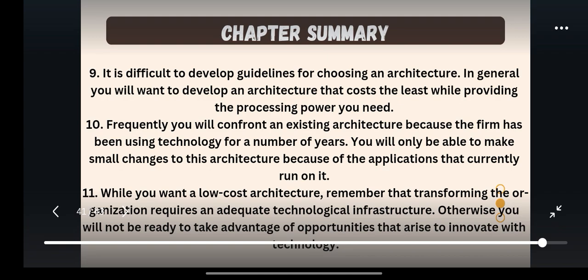You will only be able to make small changes to this architecture because of the applications that currently run on it. Eleventh, while you want a low-cost architecture, remember that transforming the organization requires an adequate technological infrastructure. Otherwise, you will not be ready to take advantage of opportunities that arise to innovate with technology.